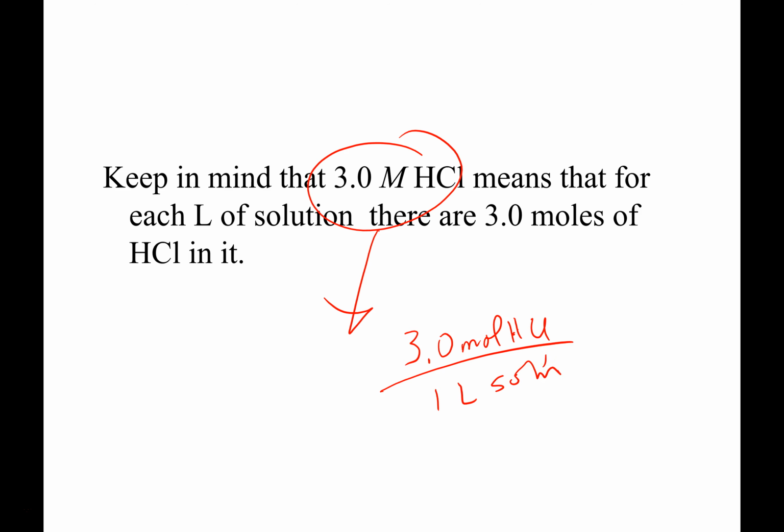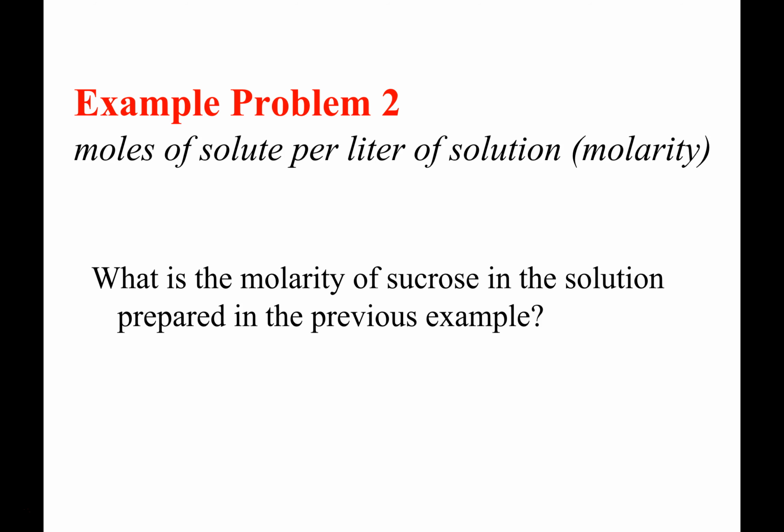So we need to be able to unpack that. The reason you unpack it is because sometimes you'll use it just like that, and sometimes you'll flip it, depending upon how your terms are setting up in your problem.